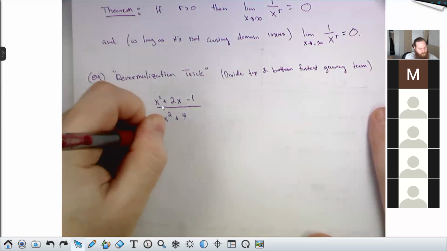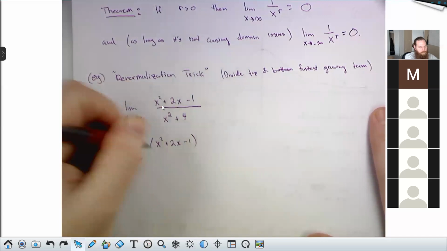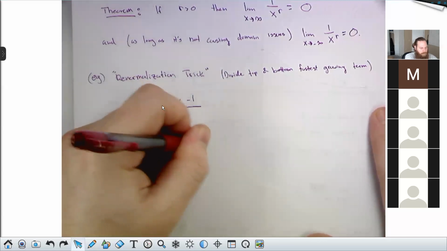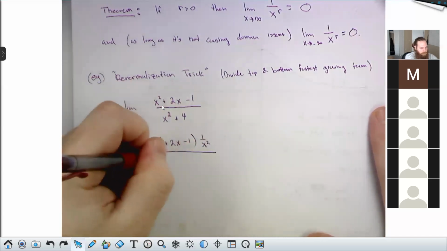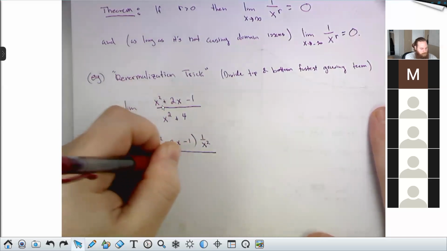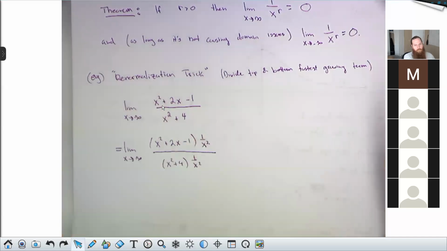So I'll have upstairs x squared plus 2x minus 1, and I'm going to divide by x squared, which means I'm going to multiply by 1 over x squared. And downstairs, I do the same. I am renormalizing this expression.